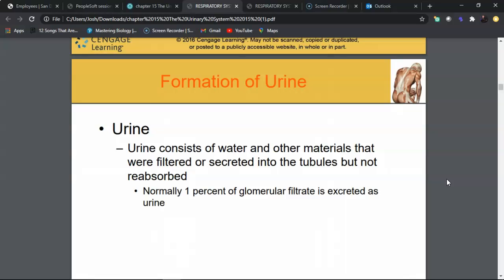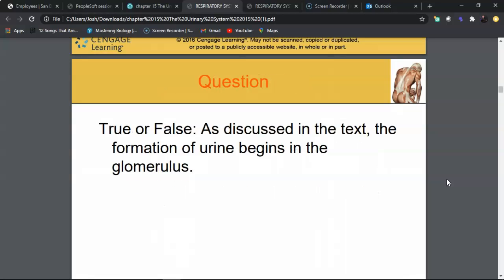So only 1% of everything that goes through these kidneys is siphoned through into filtrate and then released as urine. The normal urine output for an individual is about 1.5 liters per day. Once again, that will vary depending on how much you drink. That's about 1,100 to 1,300 mils a day.